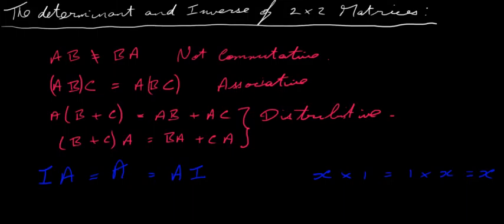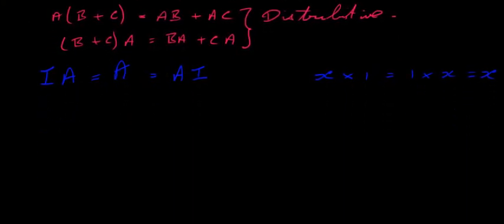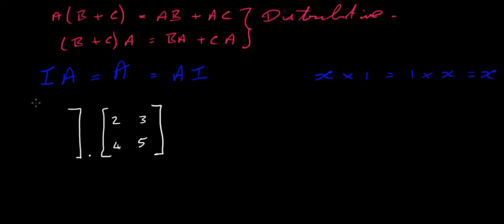So what is the identity matrix? Well, if you take, let's say, a 2 by 2 matrix, let's say, I don't know, 2, 3, 4, and 5. This is our matrix, and we want to multiply this by some matrix here, which is the identity matrix, and we want to end up with 2, 3, 4, 5.